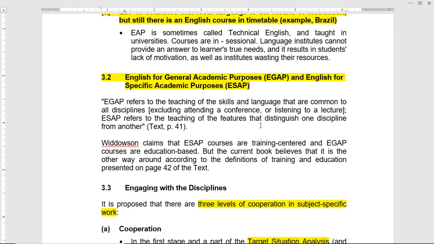Then also the English for specific academic purposes, for a specific context. So there is a difference between the two. ESAP refers to the teaching of the features that distinguish one discipline from another, for example English for economics, English for medicine, English for science and mathematics, English for art.